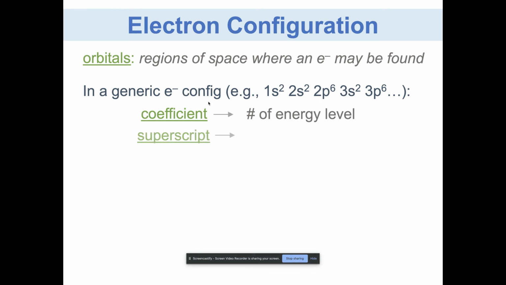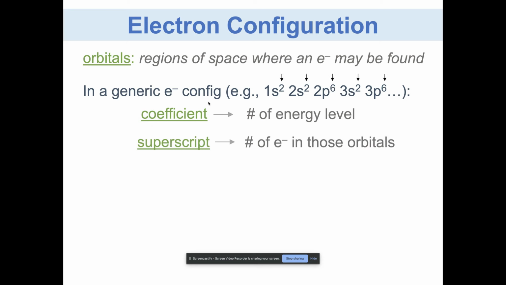We're going to use the superscripts to talk about the number of electrons in each of those orbitals. And again, remember that an s orbital can hold 2. And then once you have 2, you have to move on. Now p can hold 6.